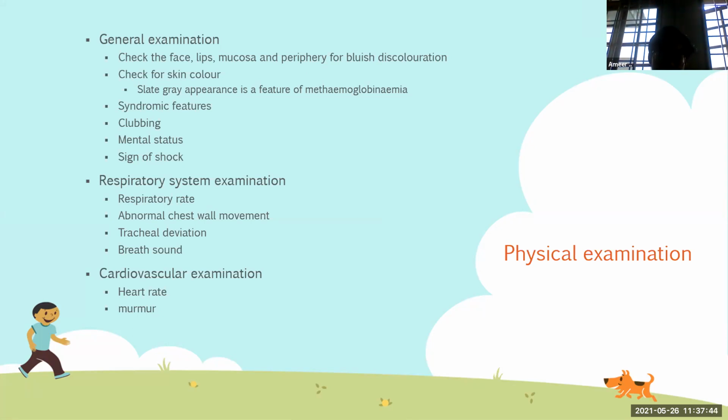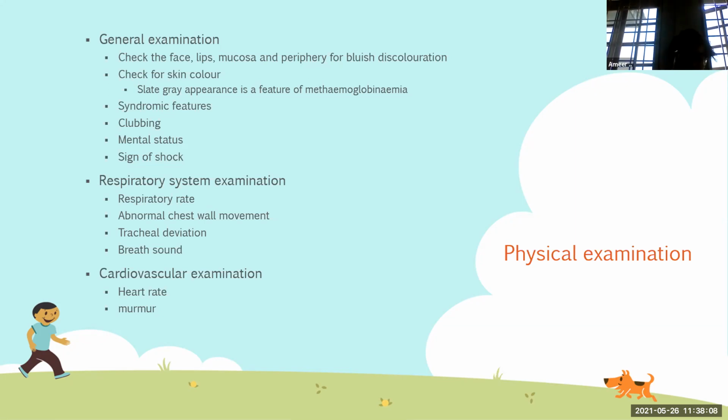And then we should also find any syndromic feature which might suggest underlying cardiovascular disease. And also we should check for any clubbing. And also assess the patient's current mental status and check for any sign of shock that warrants urgent management.